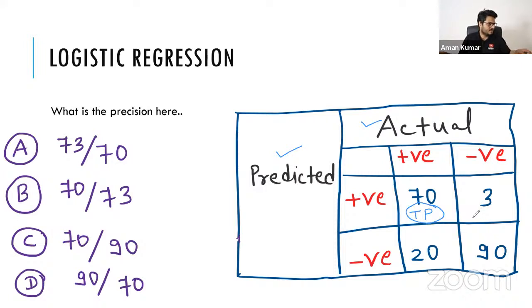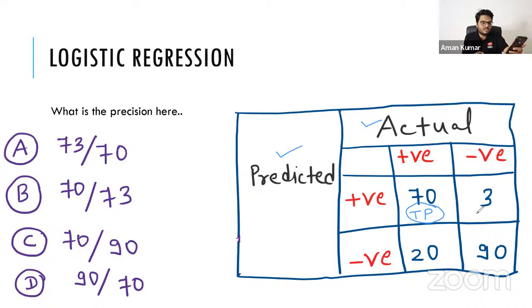FP, right? Some people are saying A and some people are saying B. Okay, to people who are saying A, can precision be more than 100%?